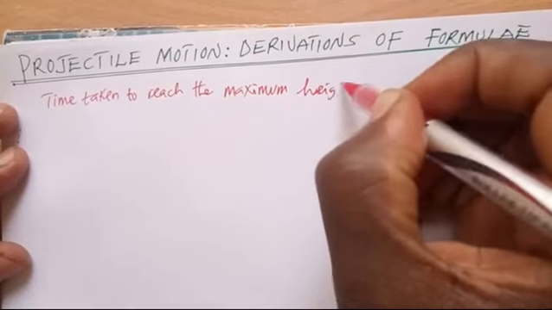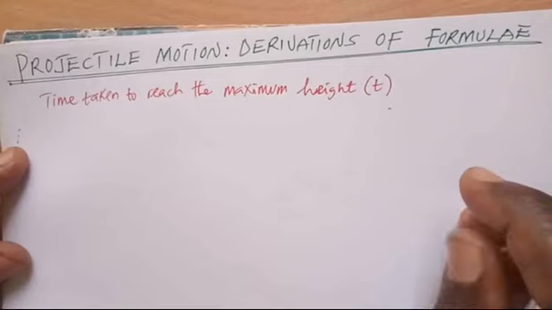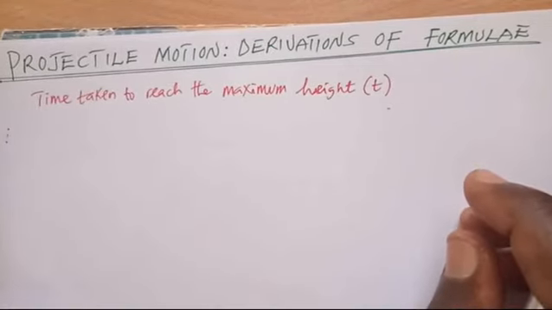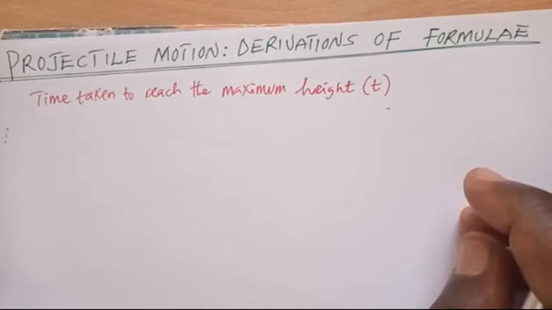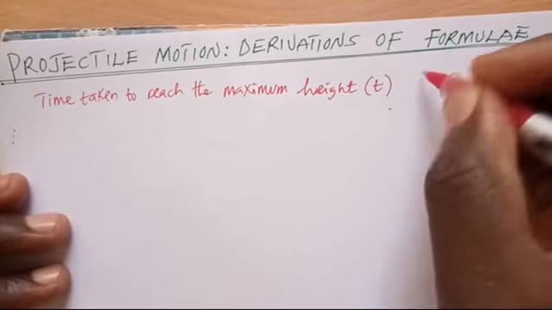This time is denoted by small letter t, meaning if you throw an object into the sky, how long will it take to reach the maximum possible vertical distance.